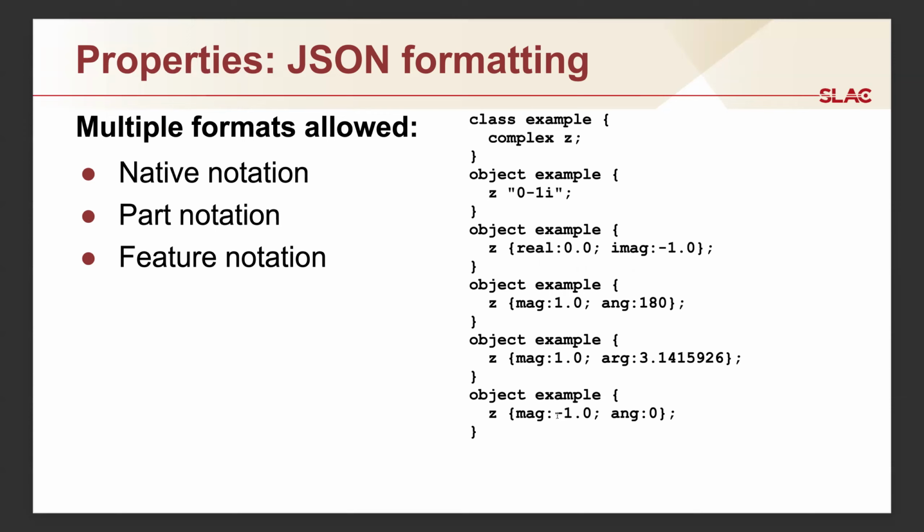You can even do some oddball things like specifying a negative magnitude with an angle 0, which would be the same as a positive magnitude with angle 180. This ability to use the features of an object to set its properties is quite helpful. Many complex object property types like end uses, load shapes, and such allow you to do this, to create the property with the correct features that you want.